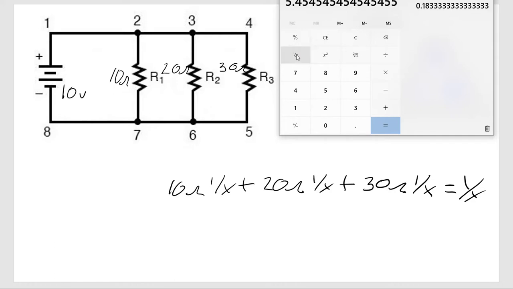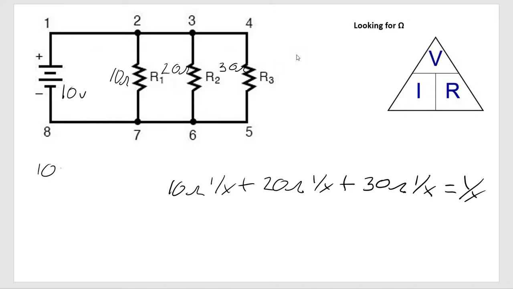And our resistance total is now going to be, so we have 10 volts total. We have our resistance total. And I'm just going to round this up.